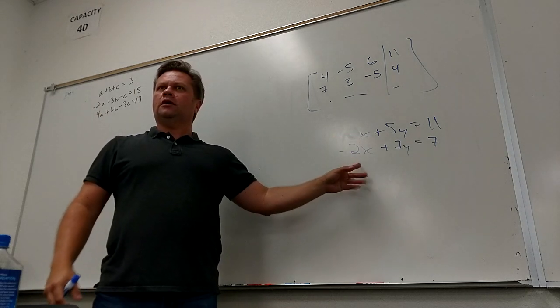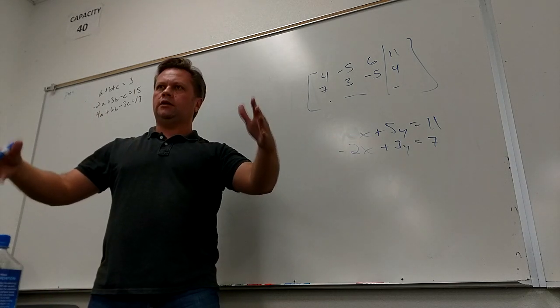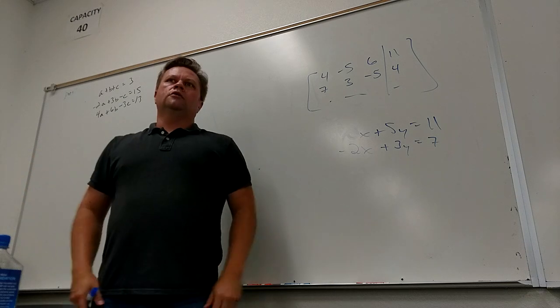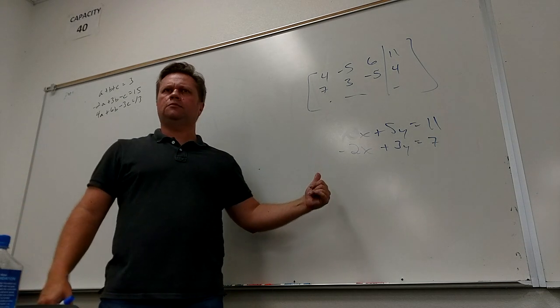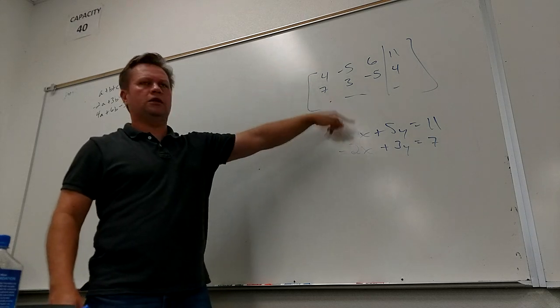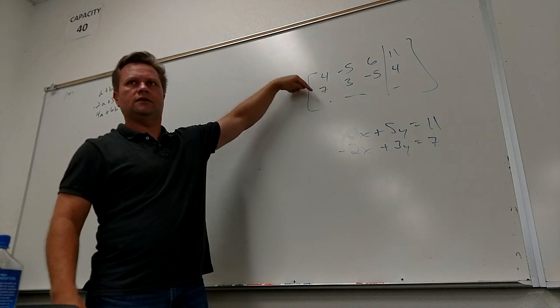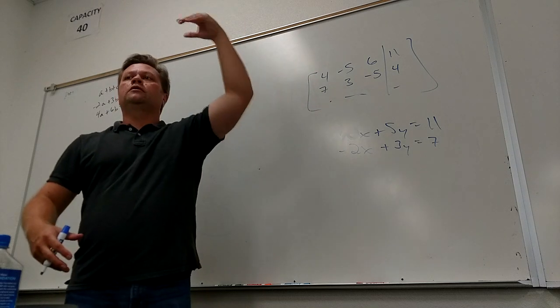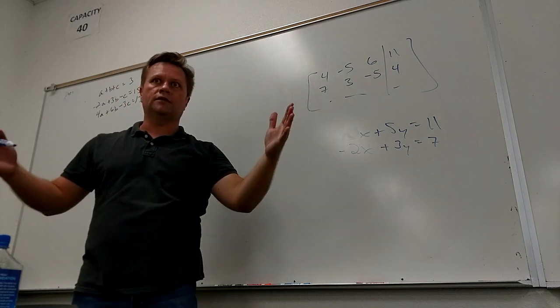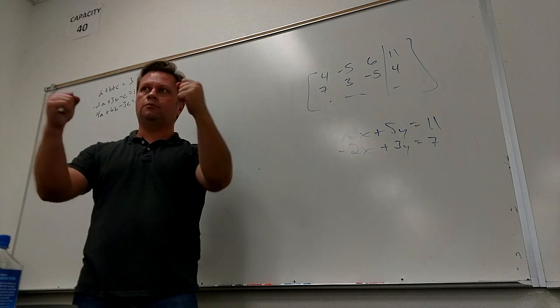So 1s make it really easy to do what I need to do. Is it impossible to do without 1? No, we've done that before. So what I do here, the same thing I would do here. I multiply this by negative this, and this by the other one: negative 7 and 4. Then they're both negative 28 and 28. One of them dies. I make a 0. That's the most important thing.